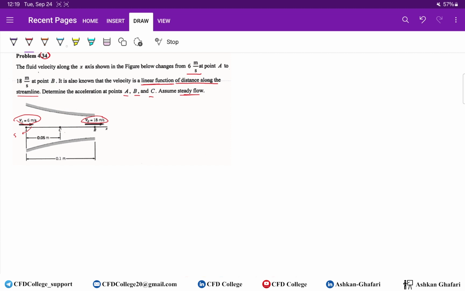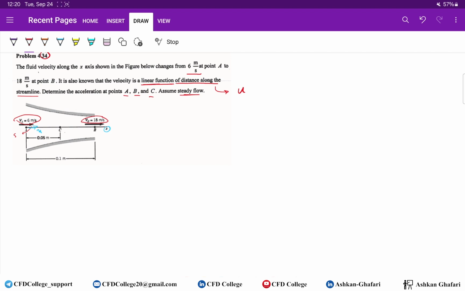So, for example, if this is the x-axis, as you can see here, velocity is, for example, u, because it's the velocity in x direction.